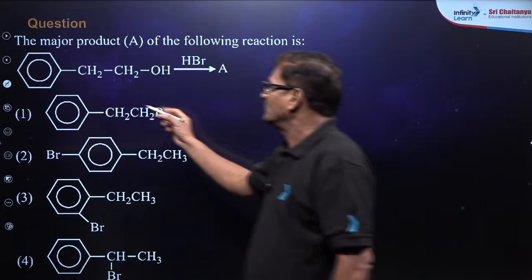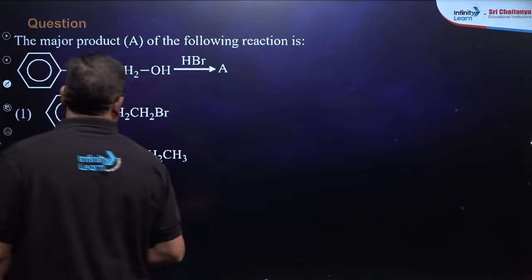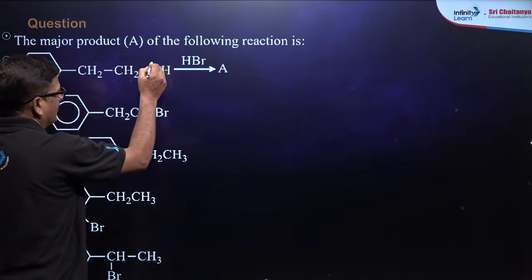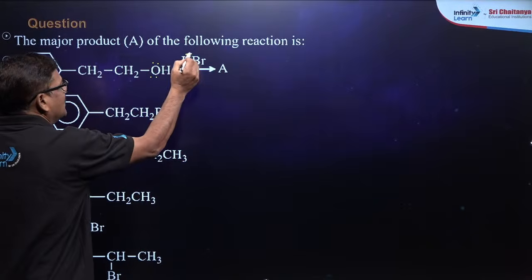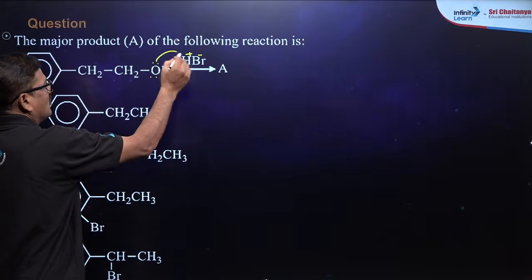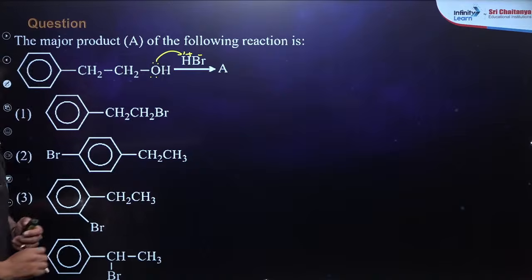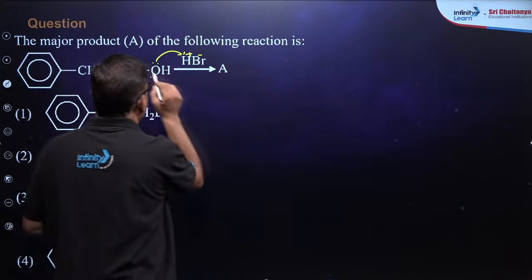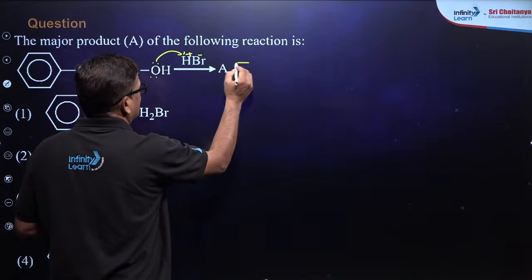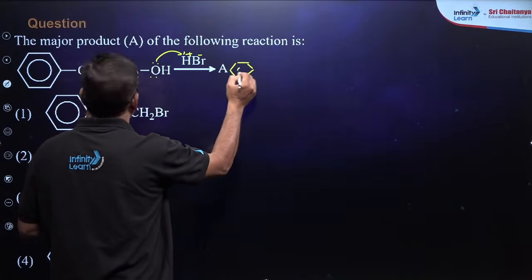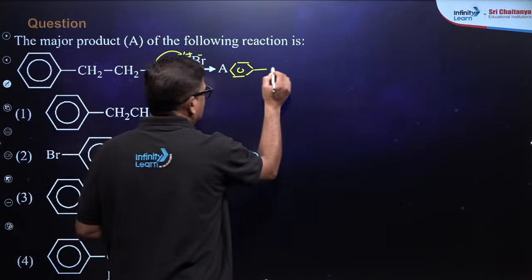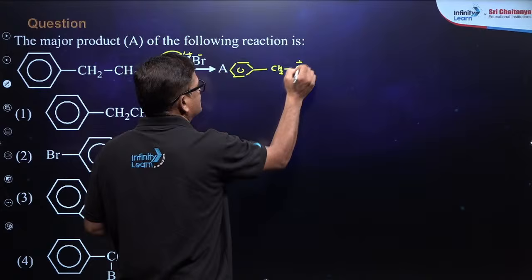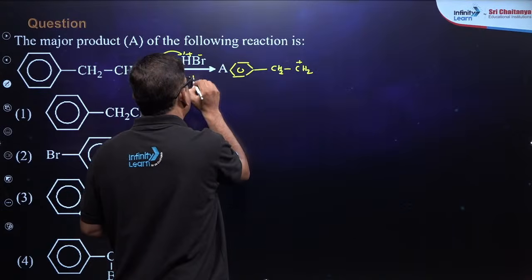Here, the question is the major product of the following reaction with HBr. Let us see a little bit of the mechanism. The lone pair of electrons on oxygen gets protonated. You will see the benzene and CH2 plus, and a water molecule is eliminated.